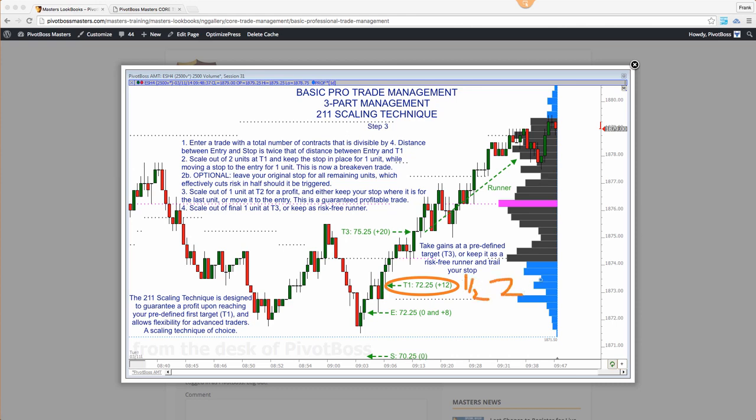In this case, it's 2 units of the 4, right? And then once you go up a little bit farther to a confirmed area that you want to take off the table, perhaps you reach a prior resistance level, like right here, you can take some off right ahead of resistance and take another quarter off, right? So if it's 211, you've already taken this one off at T1. Now you're taking another quarter off here at T2, wherever it may be.